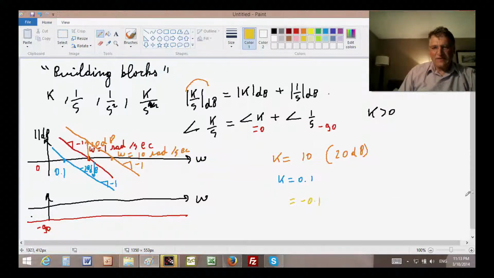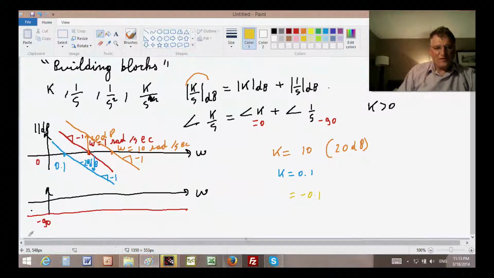Well, what would happen is that my phase would be necessarily, instead of remaining at -90 degrees, -90 degrees plus the phase of -0.1, which is 180 degrees.